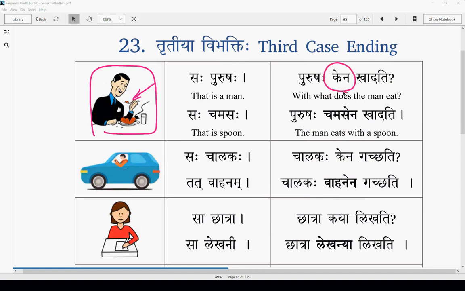That is why we are asking the question Kena. Otherwise, if we do not know the picture or the word for this chamasa, whether it is Pullinga, Strilinga, or Napunsakalingam, generally we use the Napunsakalingam, like just Kim or Kena. So in that case also, Napunsakalinga third vibhakti remains Kena only. And look at this Vahanena. Vahana padasya lingam kim? What is the lingam of the Vahana word?